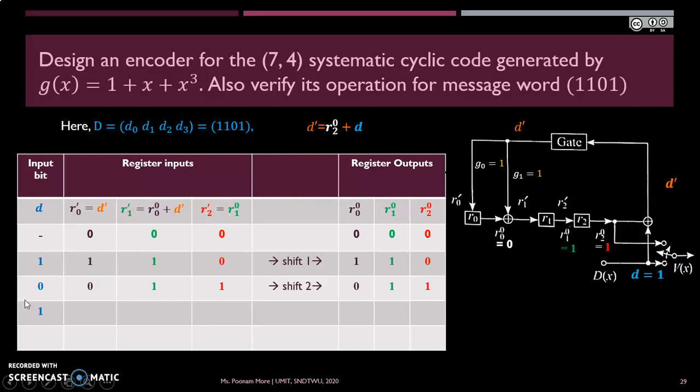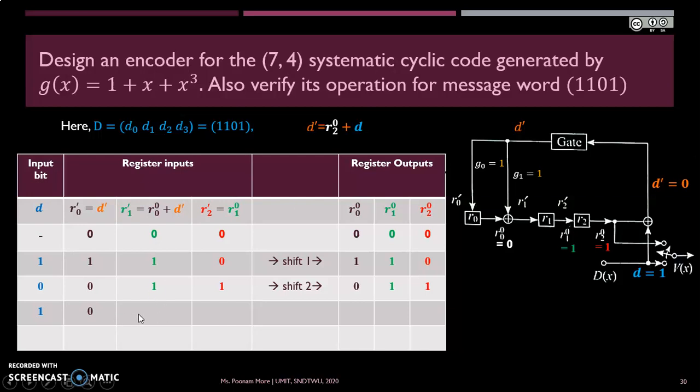Hope you got the answer, and the answer for D dash is 0, because D dash is equal to R20 plus D, and here the value of R20 is 1 as well as the value of D is also equal to 1, and therefore their modulo 2 summation or modulo 2 addition is equal to 0. Therefore D dash will hold the value 0, and therefore R0 dash also becomes 0.